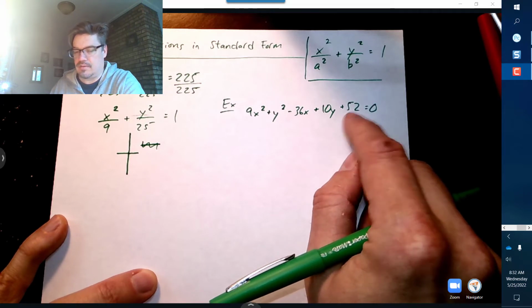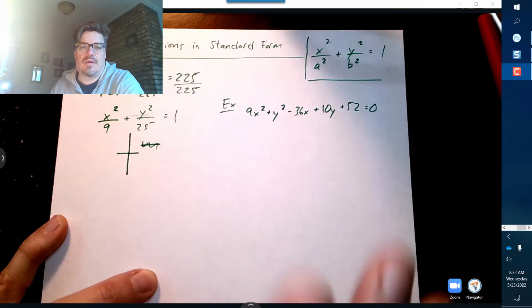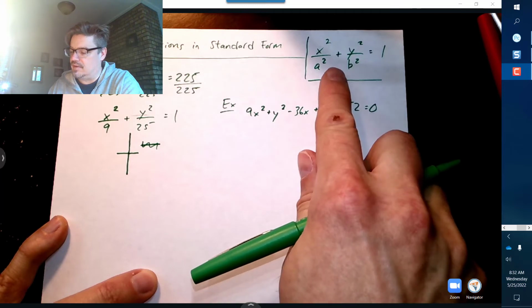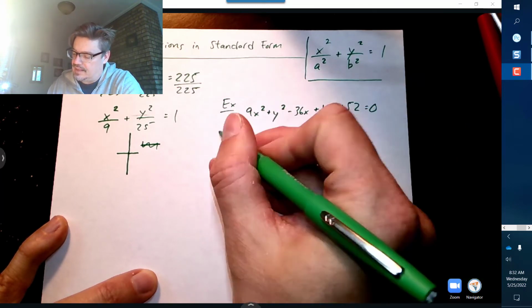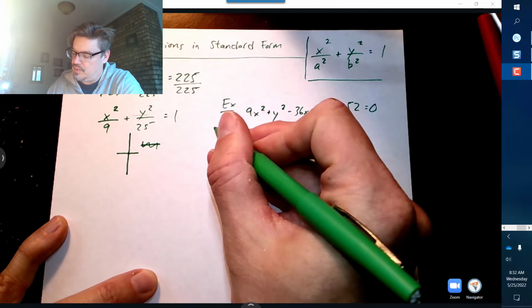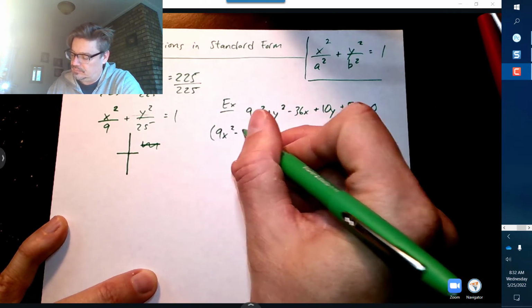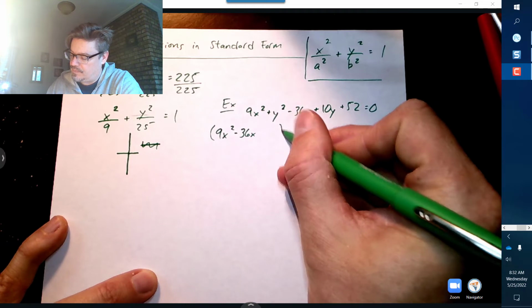So we're going to shuffle this around so that we can get it to something that looks like this form. So let's put the x's with the x's, and we're going to put parentheses.